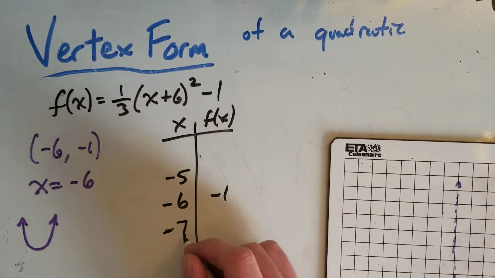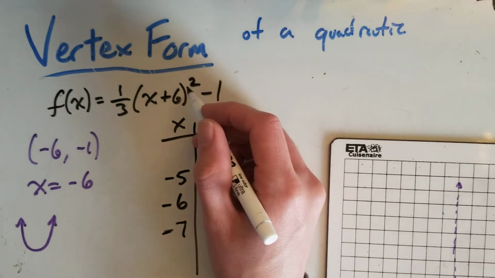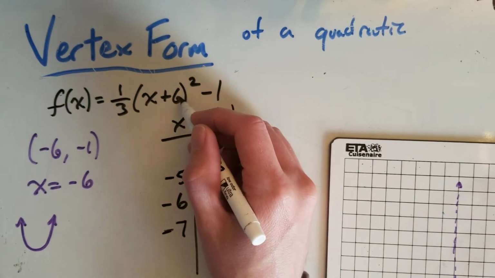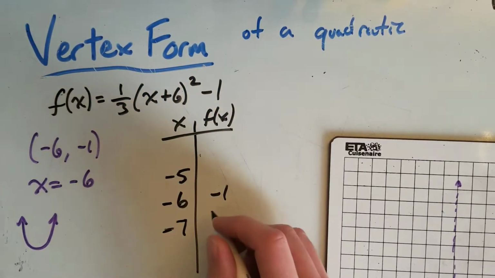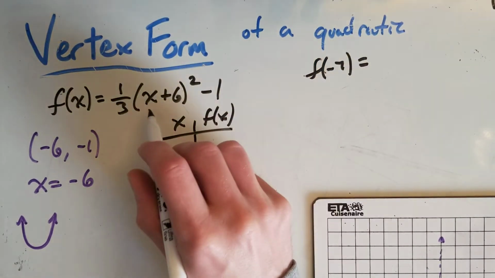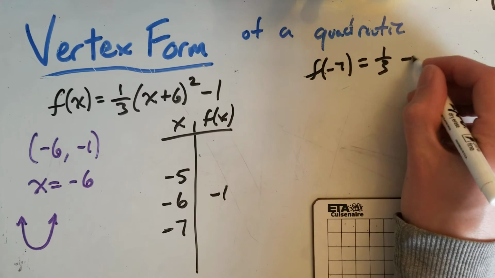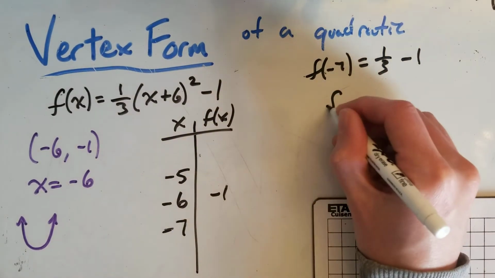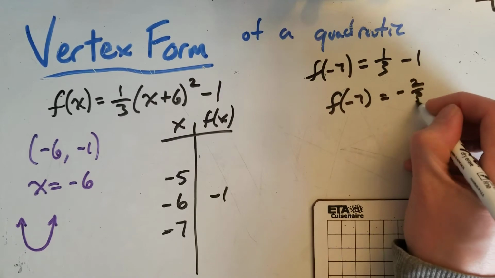If we were to put in negative 7, we're going to end up with negative 1 squared times the 1/3. So f of negative 7 is negative 1 squared, which is 1, times 1/3 is 1/3, minus 1. So f of negative 7 is equal to negative 2/3.